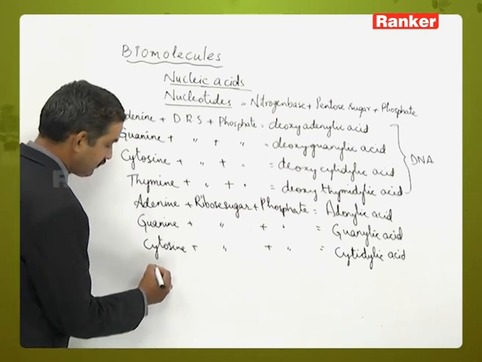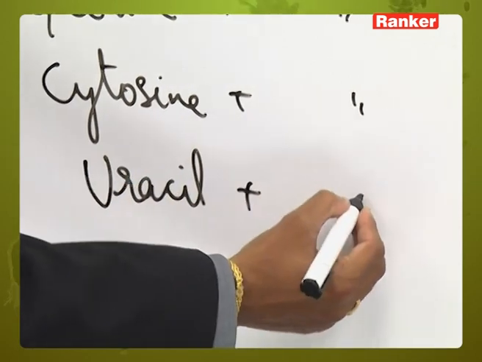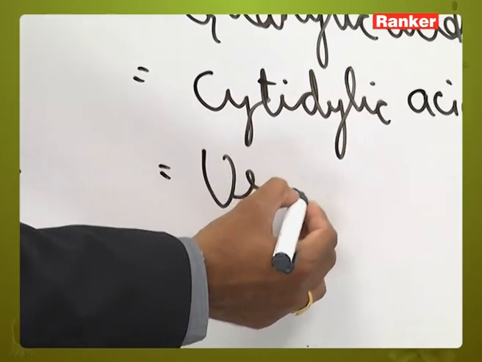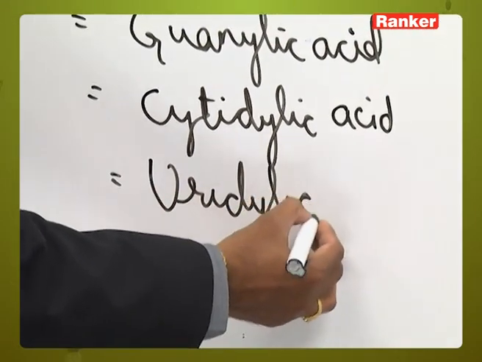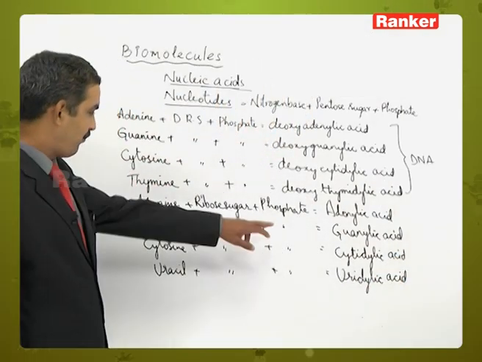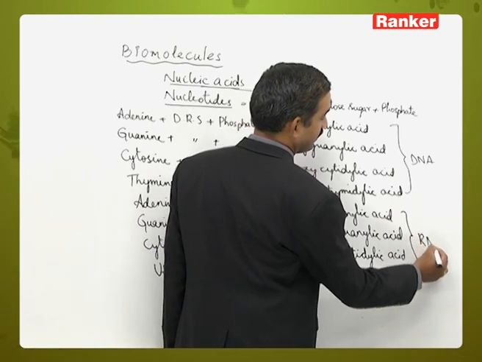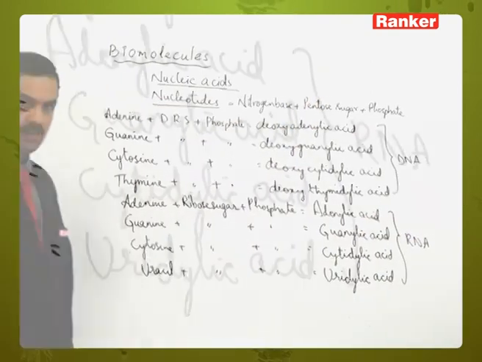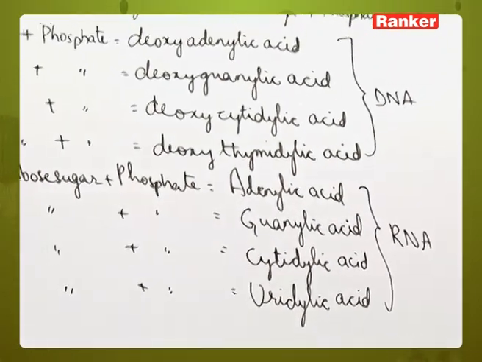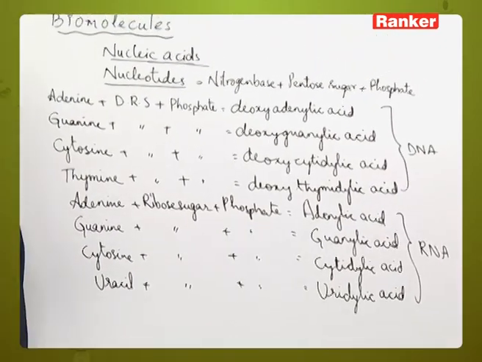Then uracil plus ribose sugar plus phosphate, uridylic acid. These are the 4 types of nucleotides which are present in RNA molecule. So in total we can see 8 types of nucleotides in the nucleic acids, that is 4 types in DNA and 4 types in RNA molecule.